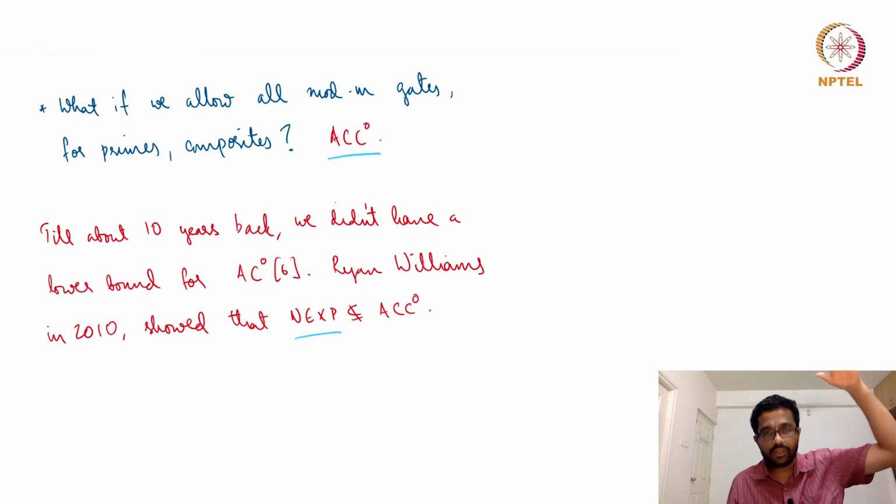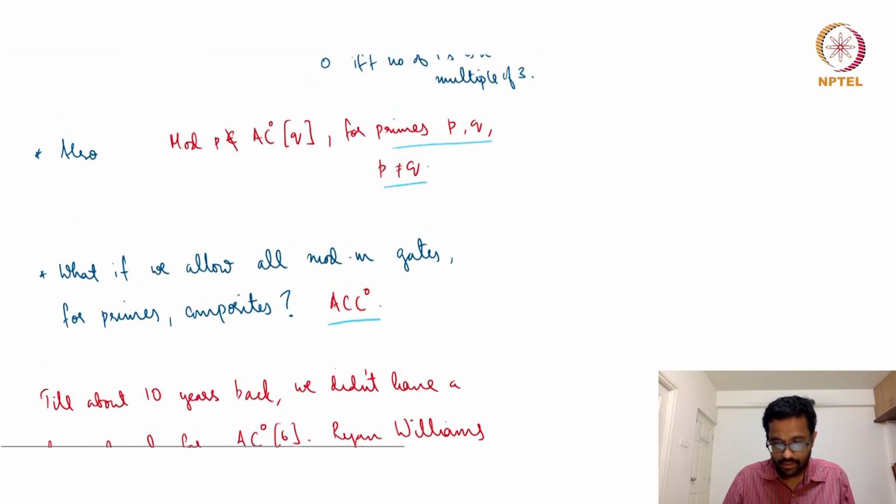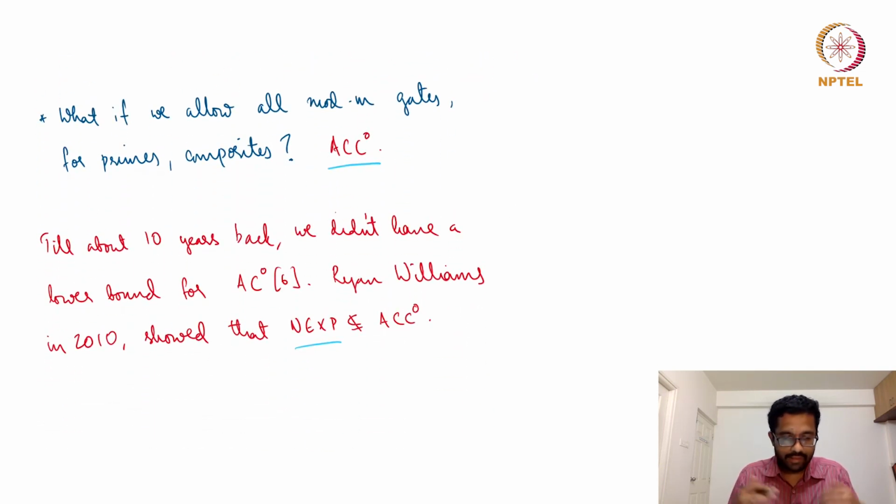We have to go all the way up to non-deterministic exponential time, right? NP is non-deterministic polynomial time, so we have to use exponential time and non-determinism to find a language that is not in ACC0. As I said in the previous lecture, the progress of lower bounds in circuit complexity has been slow, and I don't think there have been significant breakthroughs after this result.